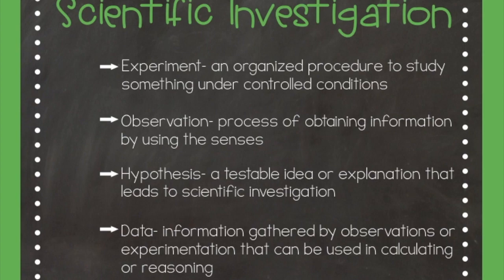An experiment is an organized procedure to study something under controlled conditions. Observation is the process of obtaining information by using the senses. That's your eyes, your ears, your taste, your touch. Those are your senses. A hypothesis is a testable idea or explanation that leads to scientific investigation. And I lied to you because I don't think hypothesis is one of our vocab words that we've been working with.